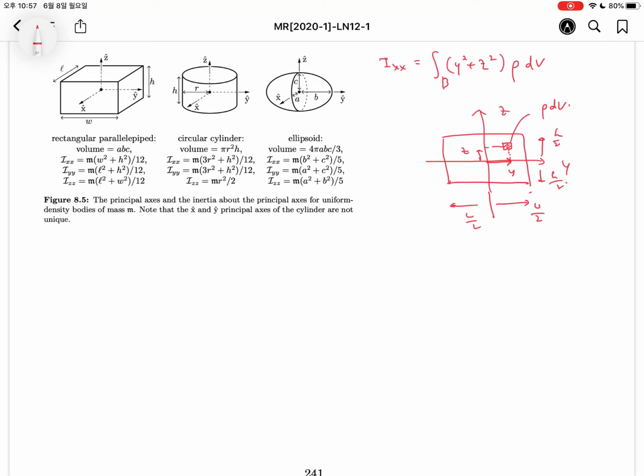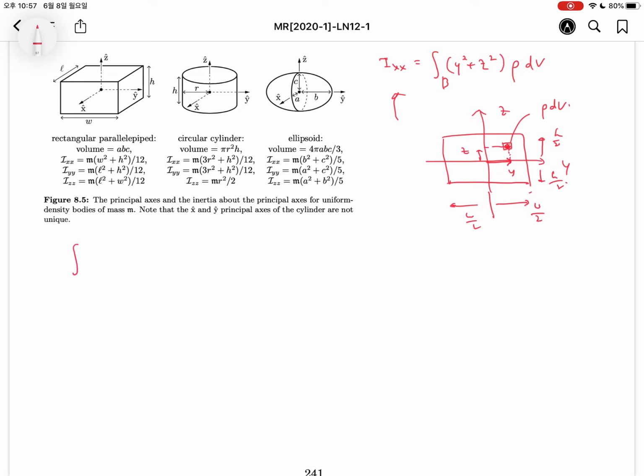Let's obtain this integral. This integral can be separated into three elements.